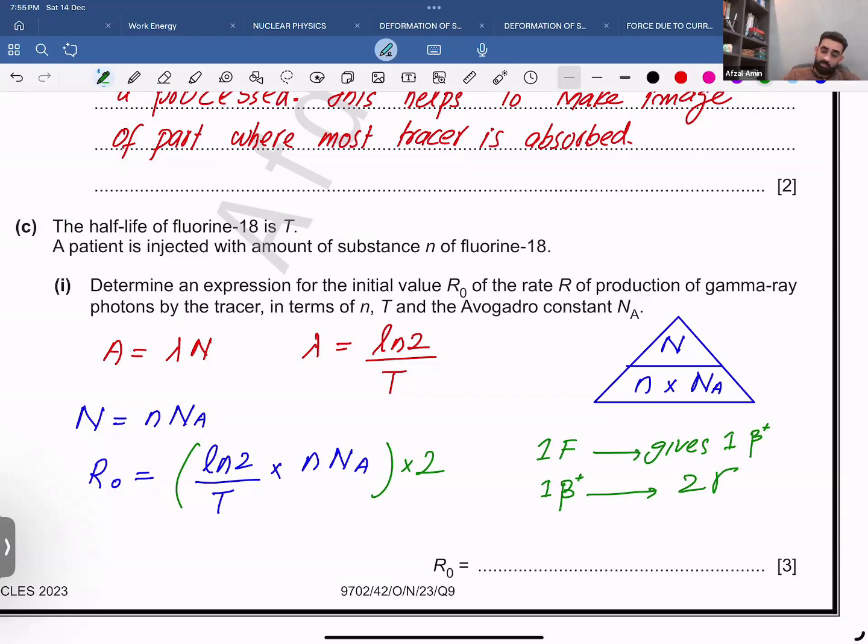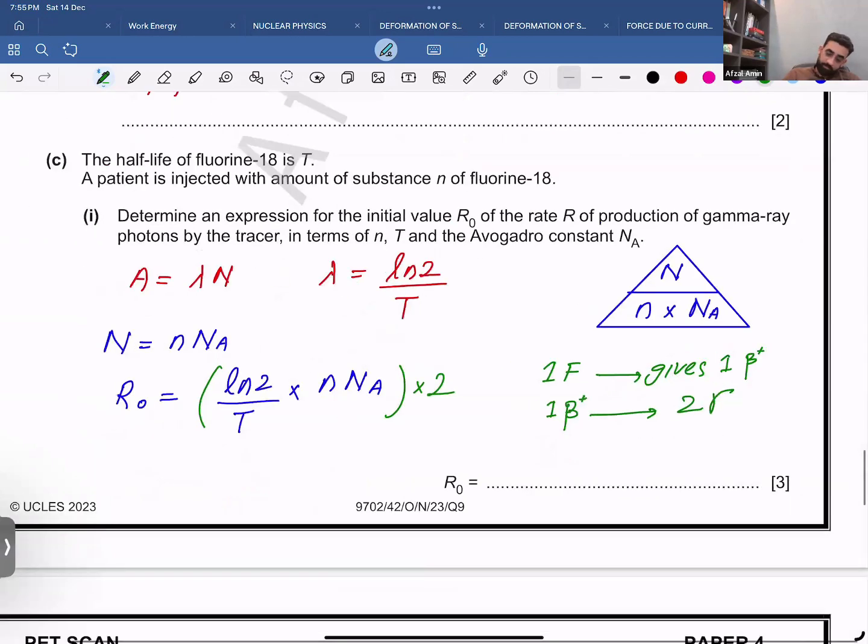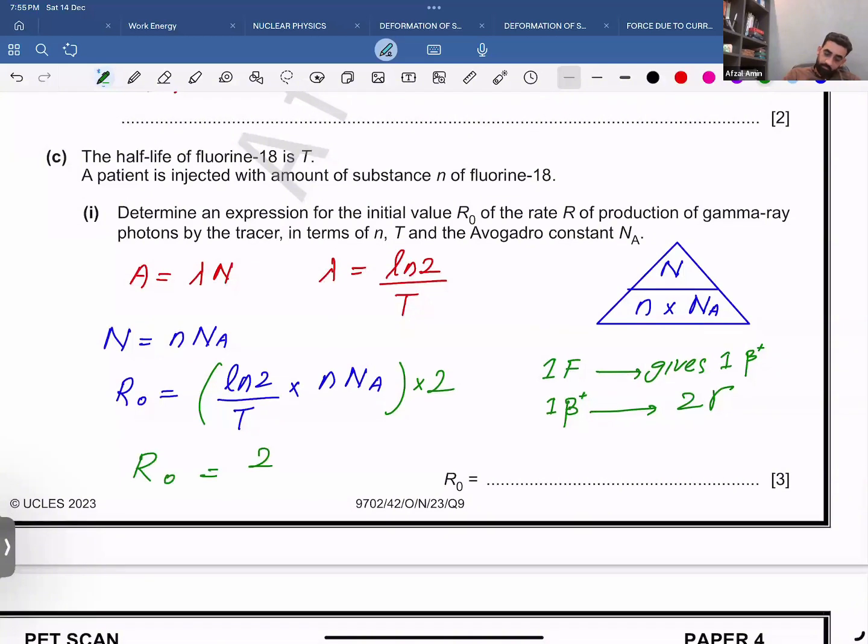Simplify and write the answer. Actually, we wrote the normal equation of activity, but we just replaced the lambda and N. Multiply by 2 is because they need gamma ray photons.